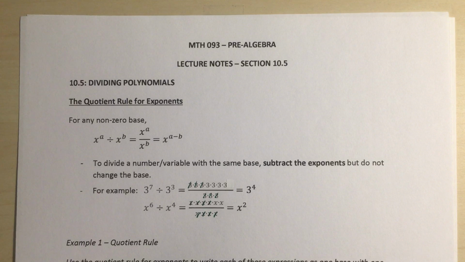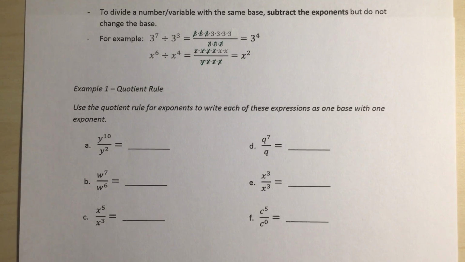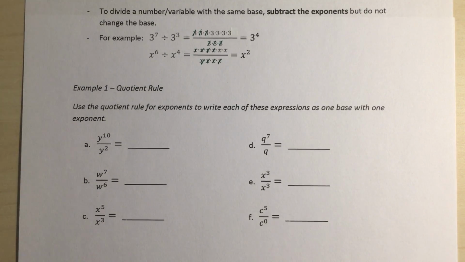You'll run into that in more detail next semester when you take Math 95. But for us, we're going to keep it pretty simple. And if we're thinking about our quotient rule, we're just going to want to do a simple subtraction. All right, so let's use our quotient rule to work through some of these.